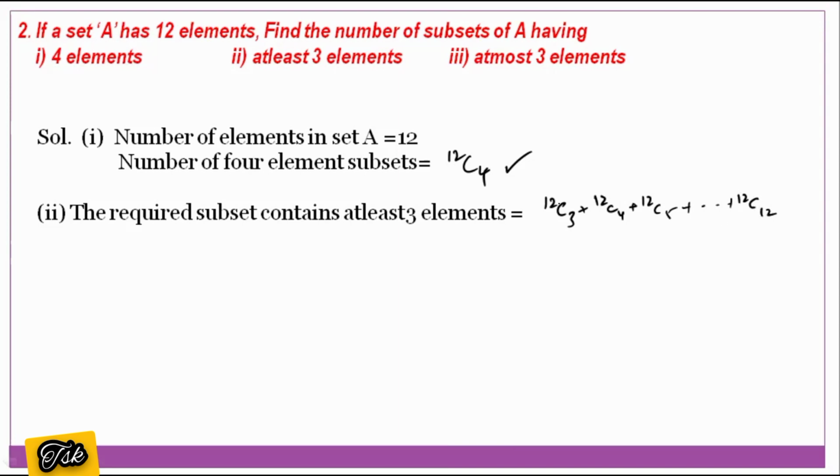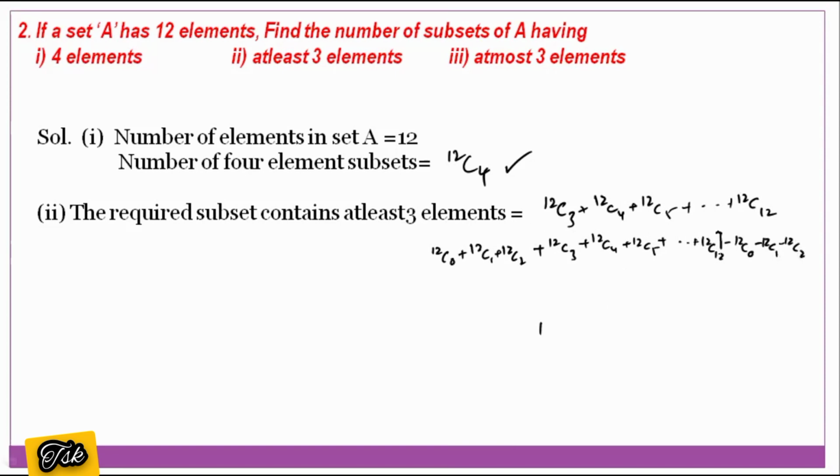So we know that when you add 12C0 plus 12C1 plus 12C2 plus 12C3, 12C4, 12C5, and so on up to 12C12, and then subtract 12C0, 12C1, 12C2.